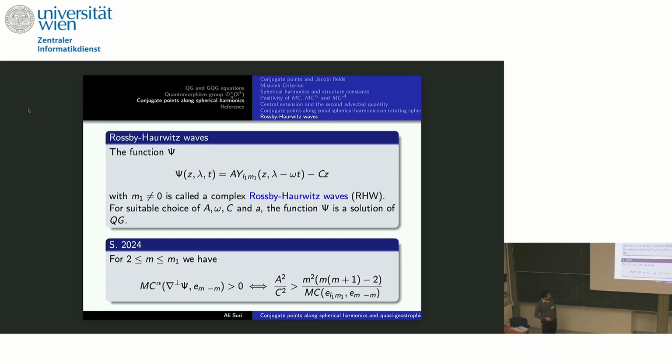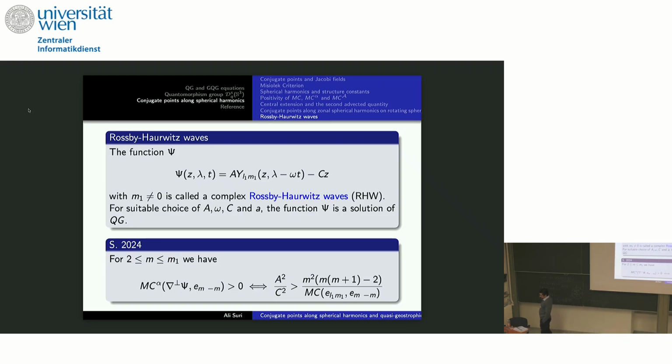They are known in meteorology. Well, if A and C satisfy this inequality, then we can catch conjugate points along these exact time-dependent solutions also.